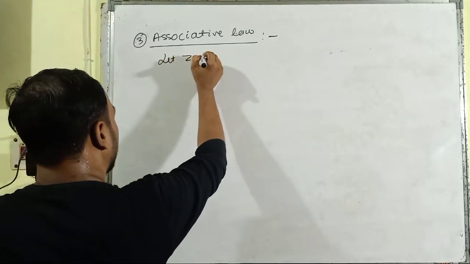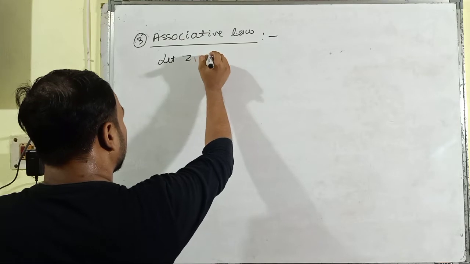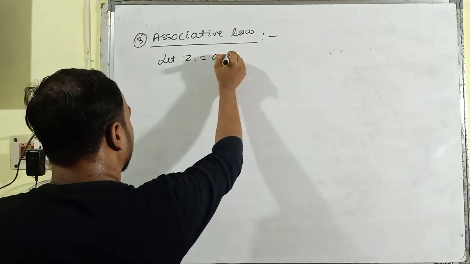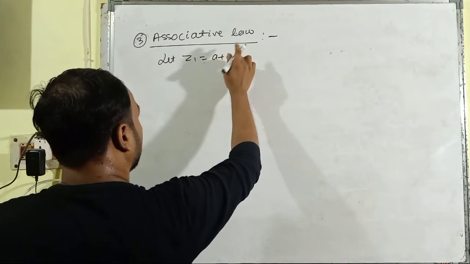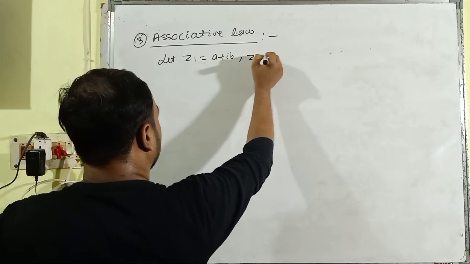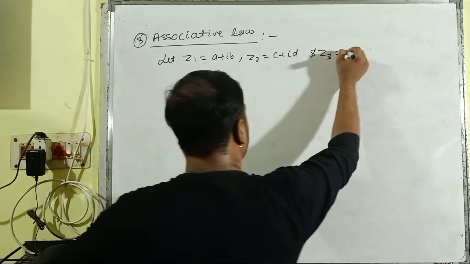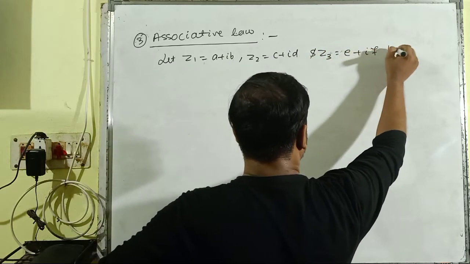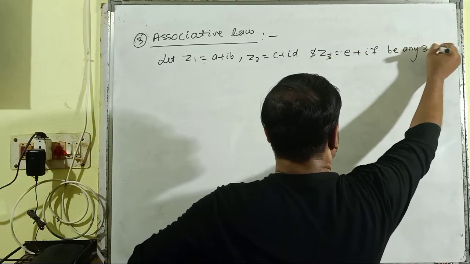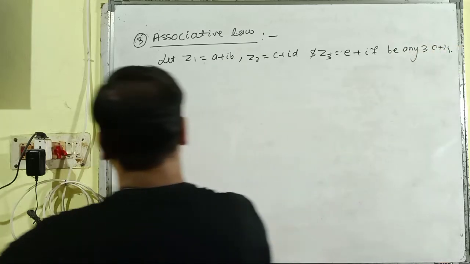Let Z1 equal a plus ib, then Z2 equal c plus id, and Z3 equal e plus if, any three complex numbers.